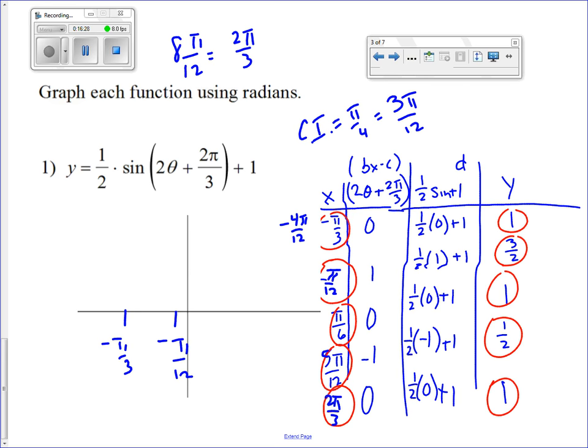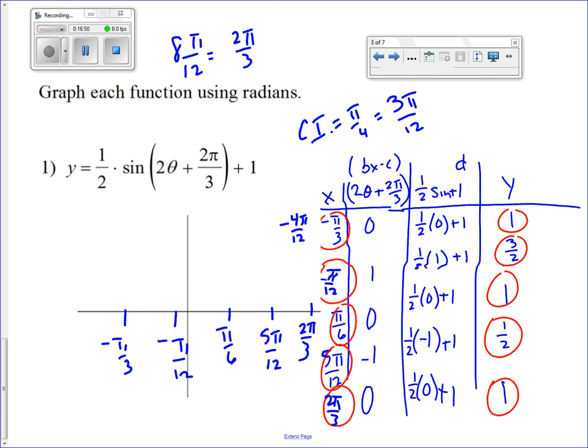And then whatever space is in between the negative pi over 3 and negative pi over 12 needs to be consistent throughout, because remember, counting interval, that distance was the same. So this would be my pi over 6, 5 pi over 12, and 2 pi over 3.